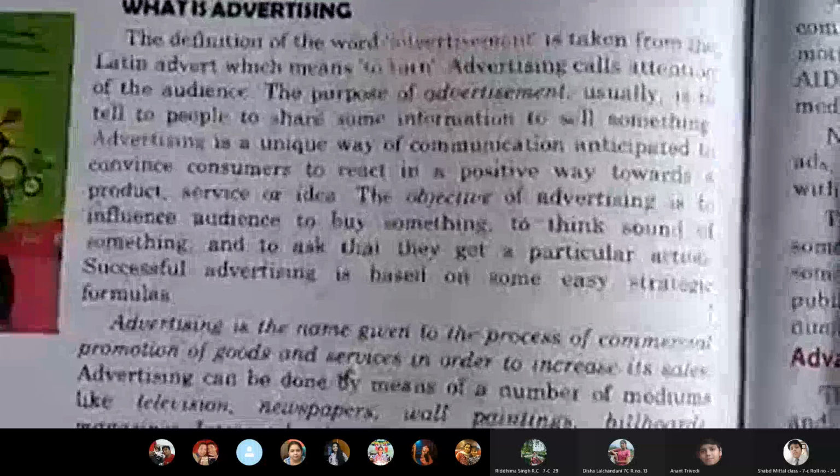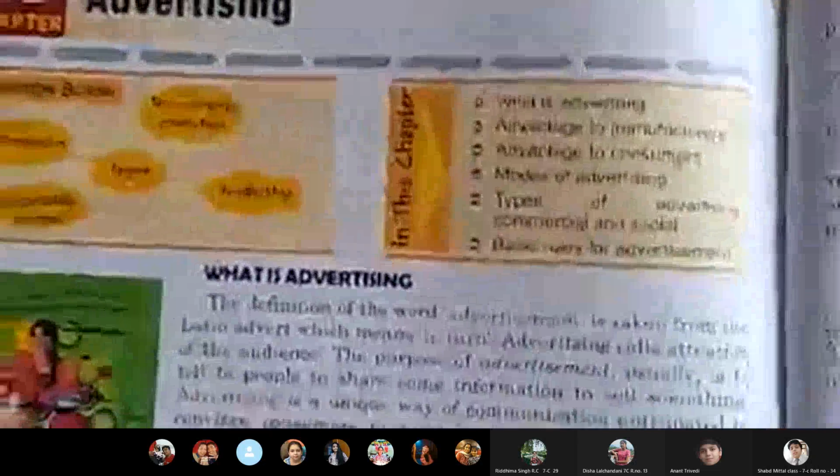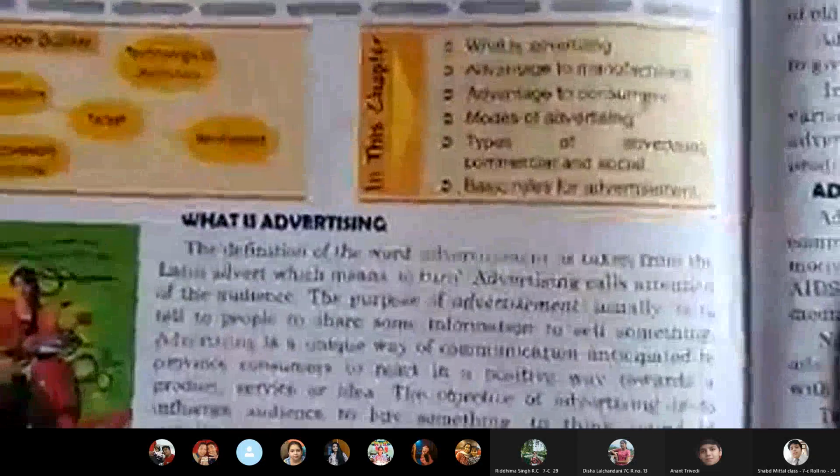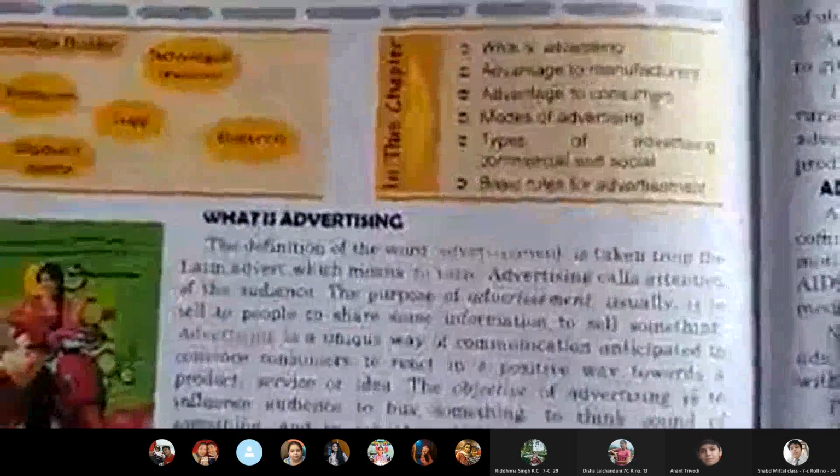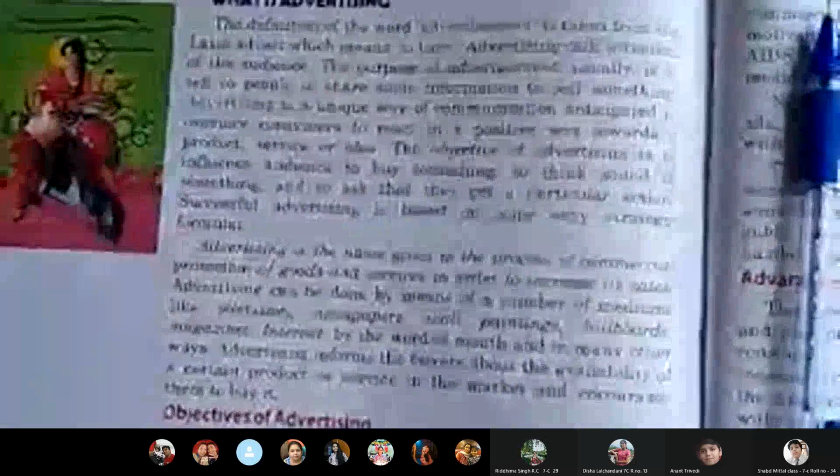Successful advertising is based on some easy strategies or formulas. Now, what are those? Advertising is the name given to the process of commercial promotion of goods and services in order to increase their sale.